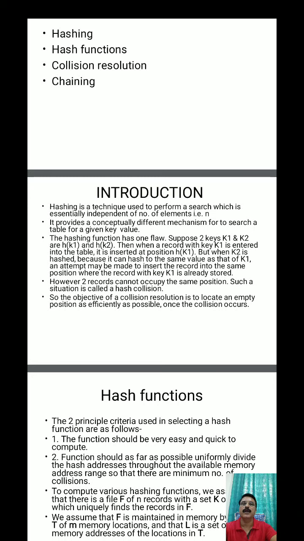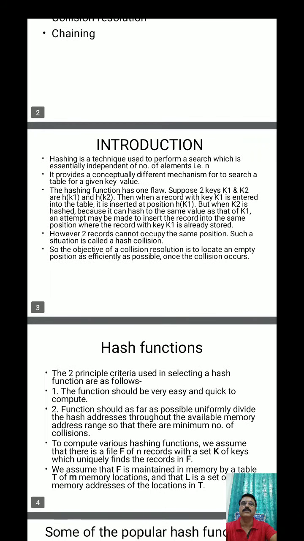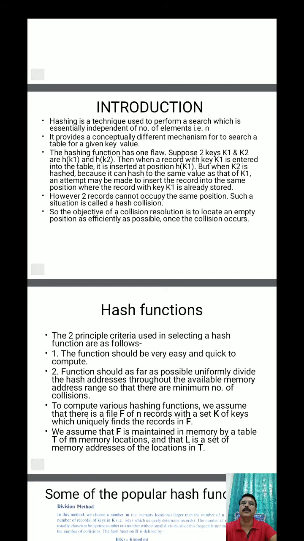The hash function has a flaw. Suppose two keys k1 and k2 have h of k1 and h of k2 equal. When a record with key k1 is entered into the table, it is inserted at position h of k1. But when k2 is hashed, because it can hash to the same value as that of k1, an attempt may be made to insert the record into the same position where the record with key k1 is already stored in memory.